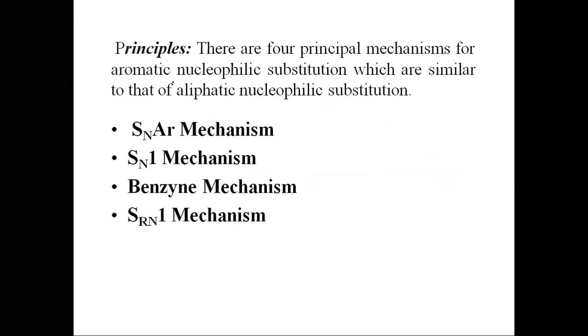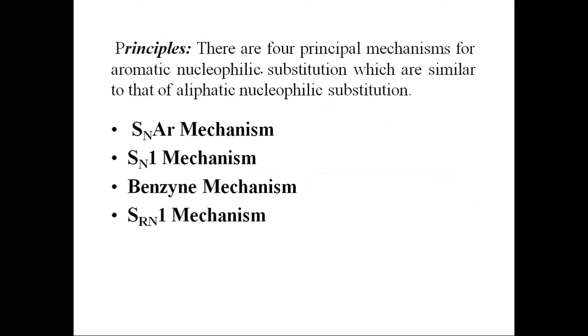Okay, so let's move on to the aromatic nucleophilic substitution reaction. In this case, there are 4 principal mechanisms for aromatic nucleophilic substitution, which are similar to those of the aliphatic nucleophilic substitution reaction, because so far we have discussed the aliphatic alkyl halides.